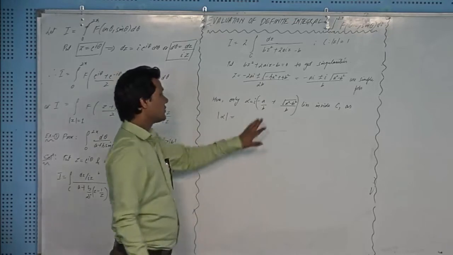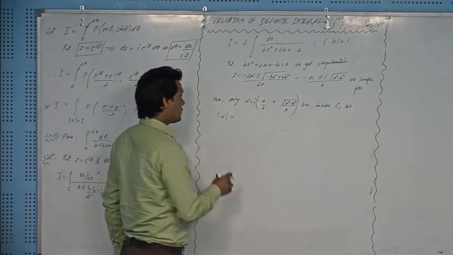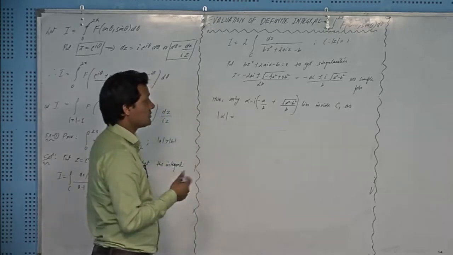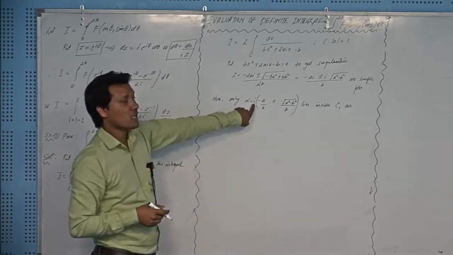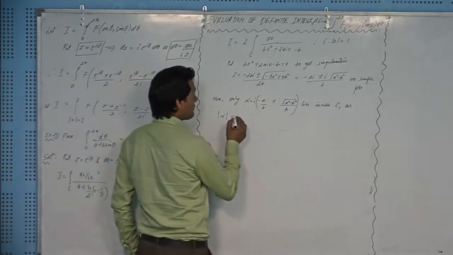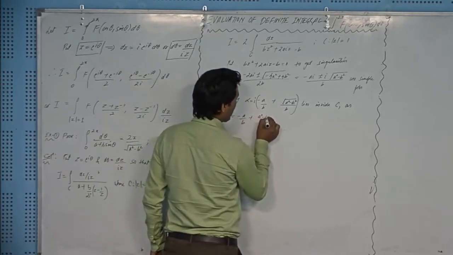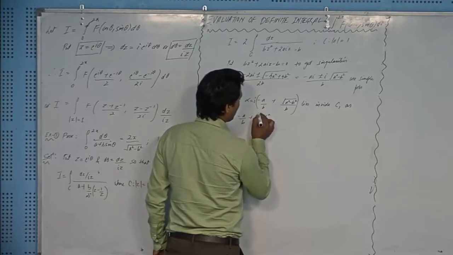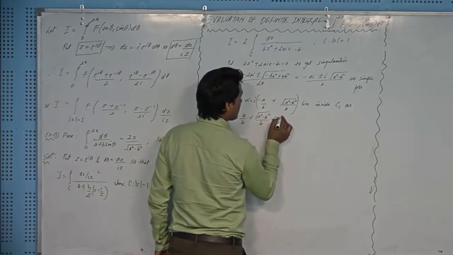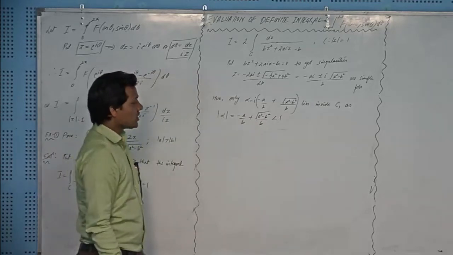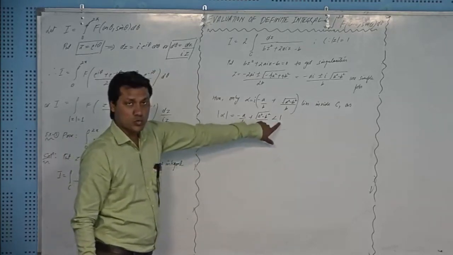So if you take modulus of this alpha, this eta will be eliminated, because modulus of any purely imaginary number is equal to the number with eta removed, right. So I will be having minus a plus b plus a square minus b square over b, right, is less than 1. We know that this thing is less than 1. And why are we claiming that this number is less than 1?